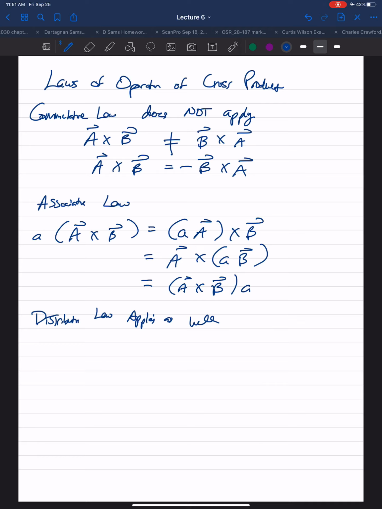So the distributive law: if we have vector A cross the quantity vector B plus vector D, then this is equal to vector A cross vector B plus vector A cross vector D.